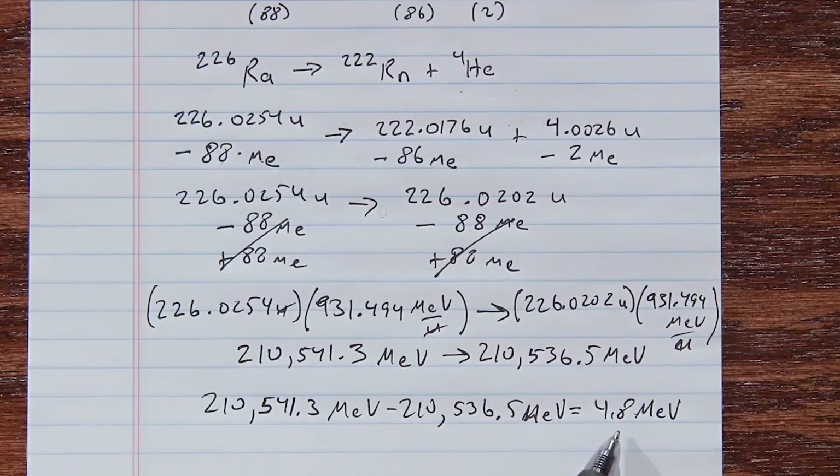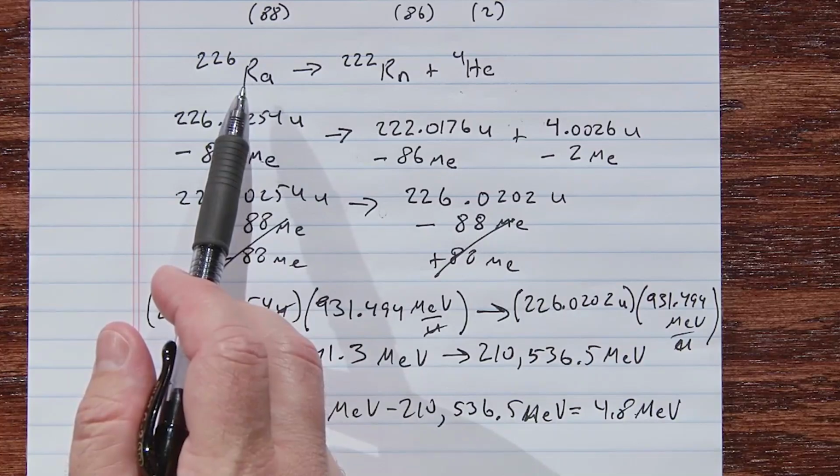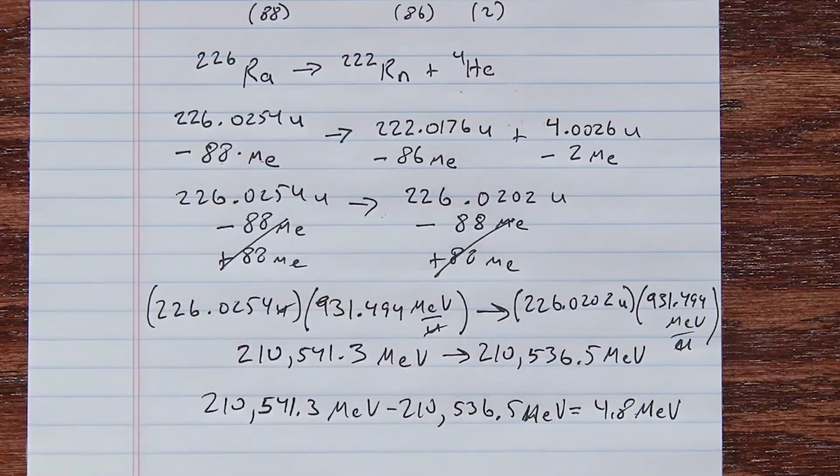So 4.8 MeV of energy was changed from the mass energy of what we started with into the kinetic energy of the alpha particle.